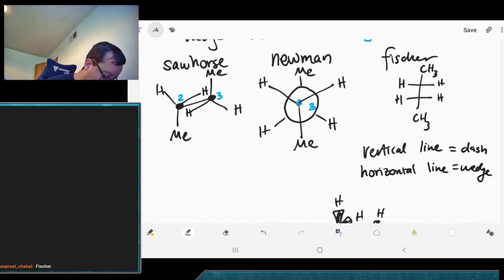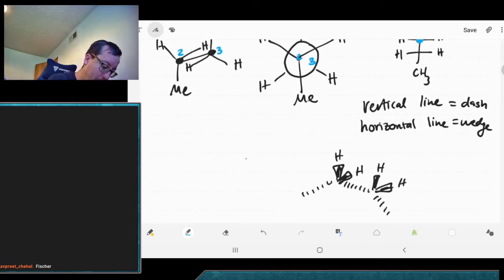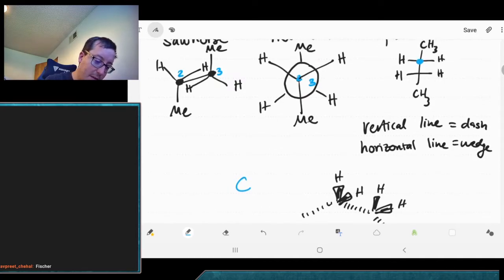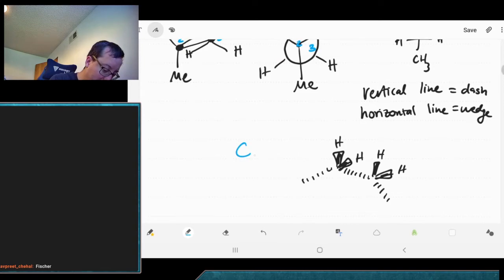So if we're just looking at that carbon there, that blue carbon that I've indicated on the Fischer projection, if we look at what's attached to that carbon, we have a methyl group, we have an ethyl group, and we have two hydrogens on wedges. So that's what that's showing you.